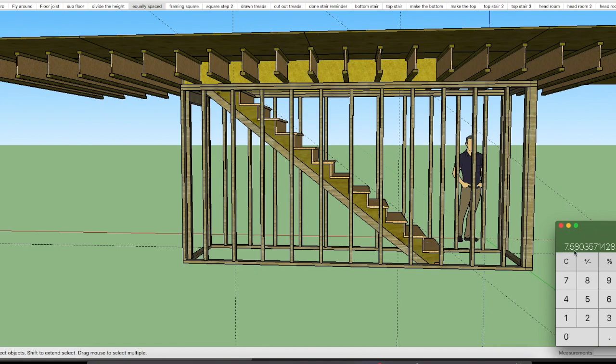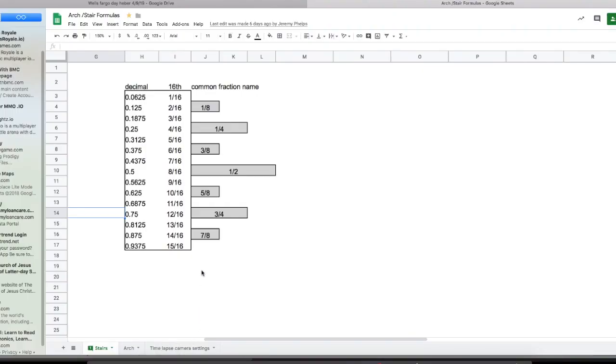Okay, so at 14 stairs, we have this big decimal that we need to convert into something we can work with on a tape measure. On your tape measure, you'll find each inch is divided into 16 increments.